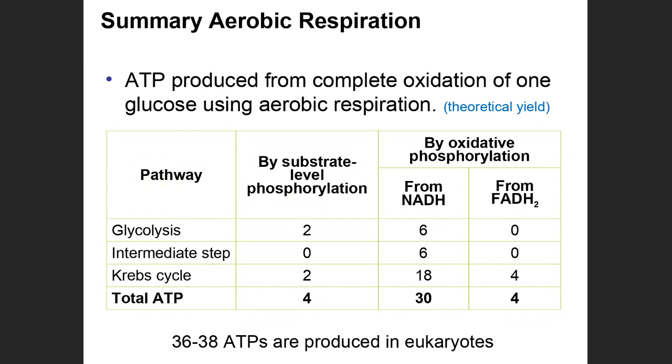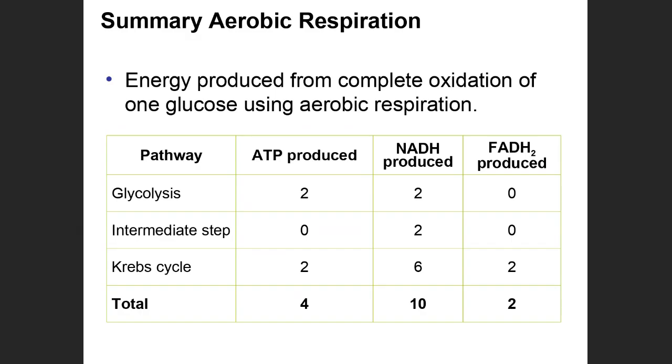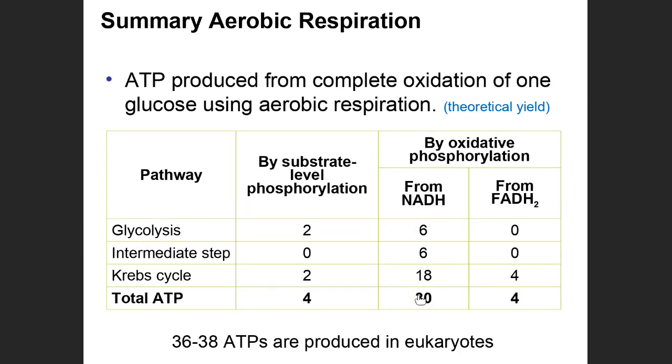For every NADH, 3 molecules of ATP are produced, because we got 10 NADH, and they result in 30 ATPs. So for every NADH, you get 3 ATPs.